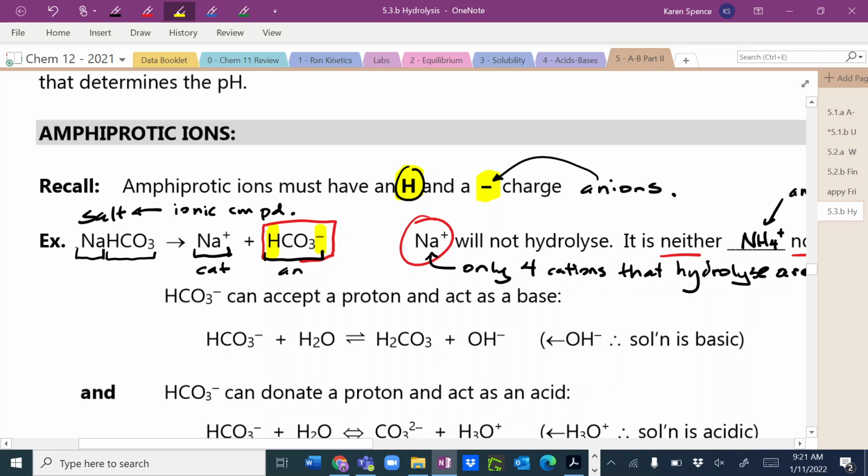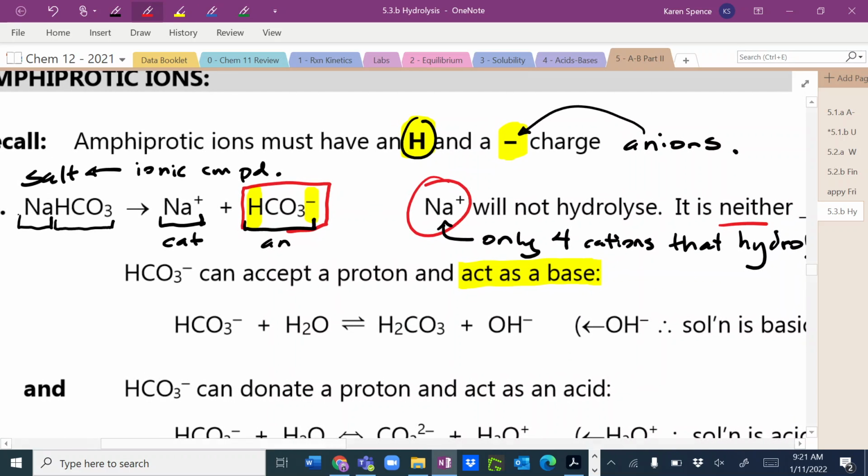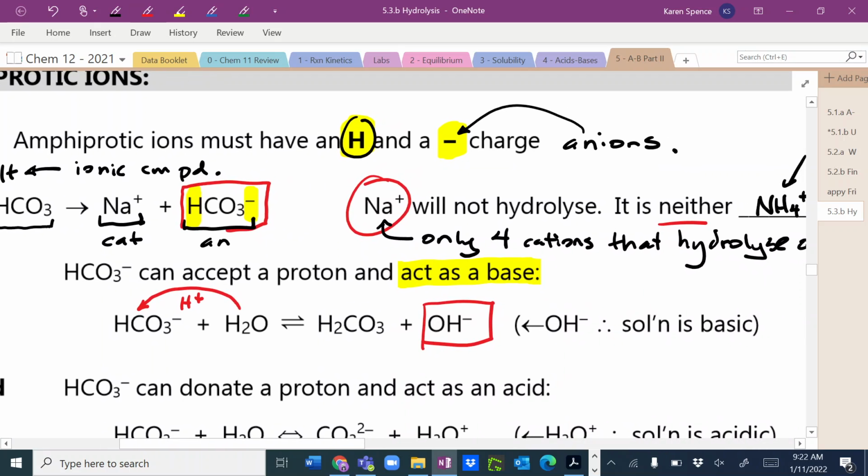Therefore, it can act as a base by accepting a proton, right? Grabs a proton from water and becomes H2CO3, and it produces OH minus. And we look and we say, if that was the only thing I was thinking of, this would be basic, okay? If we only had that to worry about.